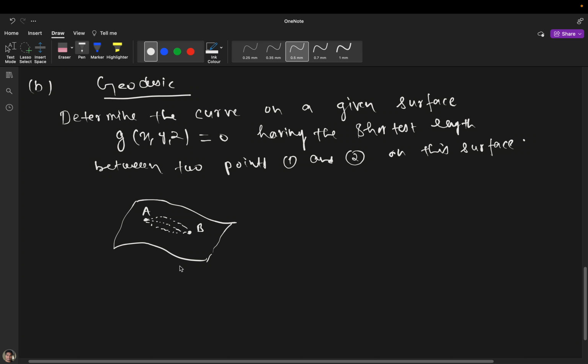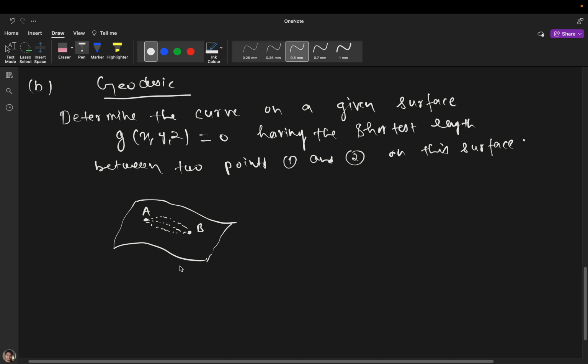In general, we cannot say. Any kind of curve, when you fragment it into very small lengths, will be a straight line, that is true, but that is a very limiting case. In general we cannot say.